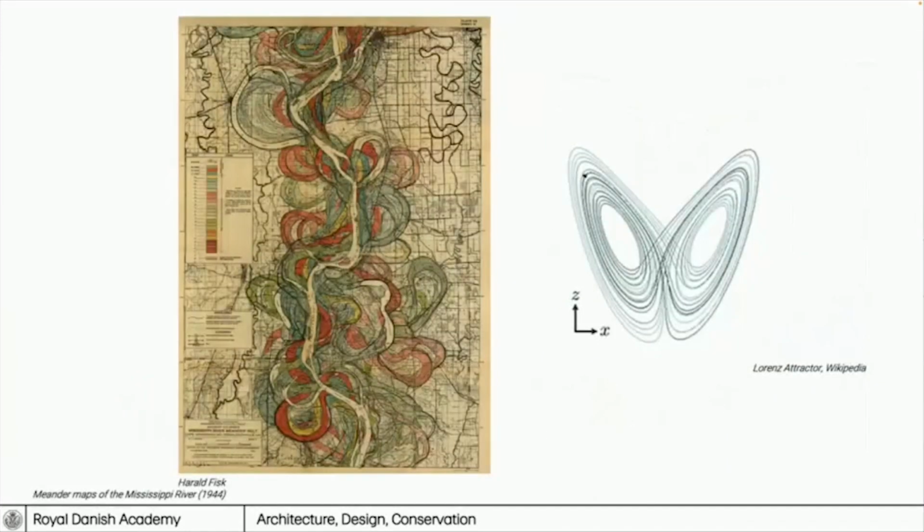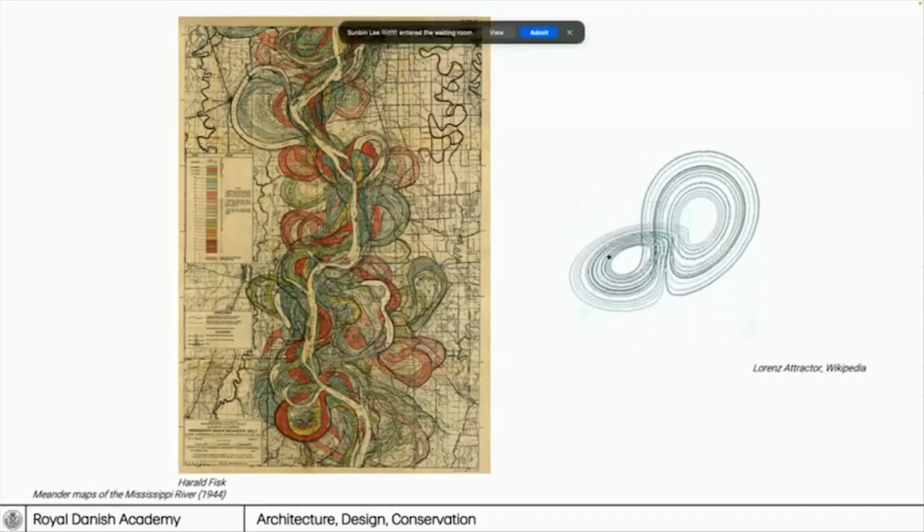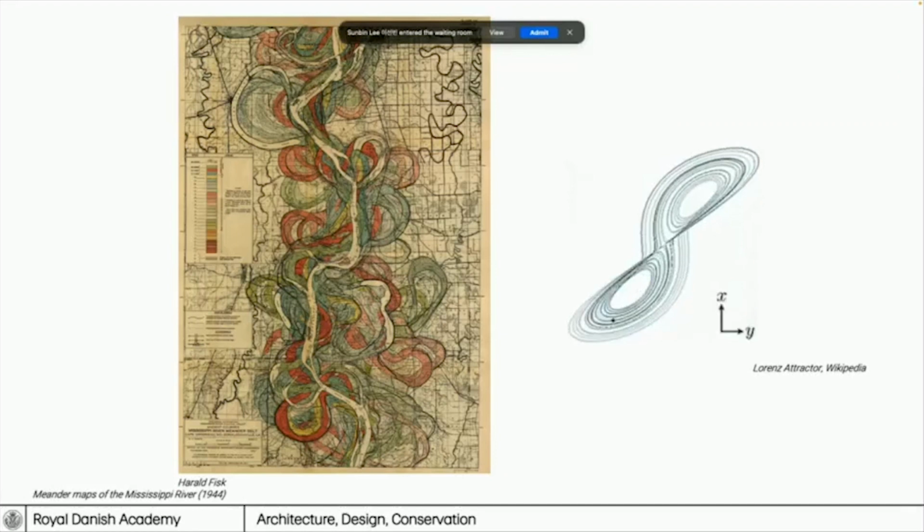And then the final slide talks about perhaps both a metaphor and certain types of modelling that I think we need to start engaging with. So the metaphor comes from Harold Fisk's work, where he was mapping the movement of the Mississippi River.